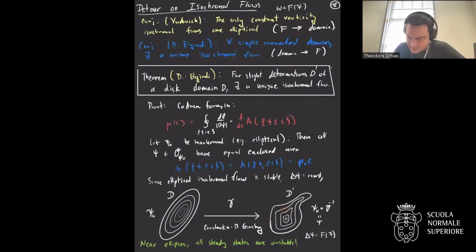So you find a different steady state that's not isochronal nearby one of these. And then you can apply the Koch theorem. So conjecturally, if something like this were proved and that stability condition were propagated for any isochronal flow, then it would imply that every Euler steady state is unstable in C1 alpha.